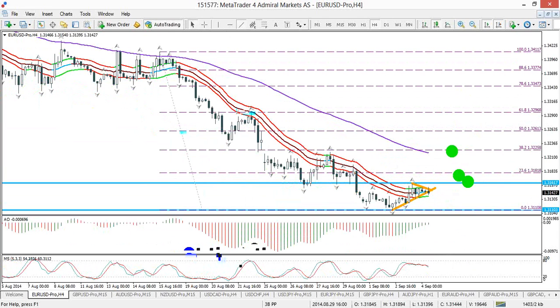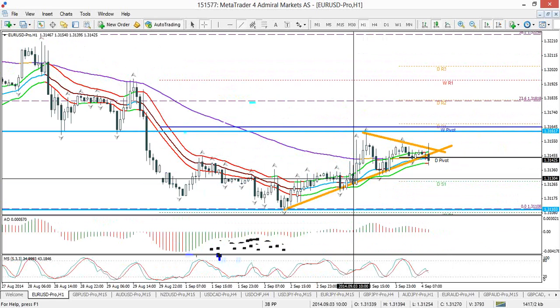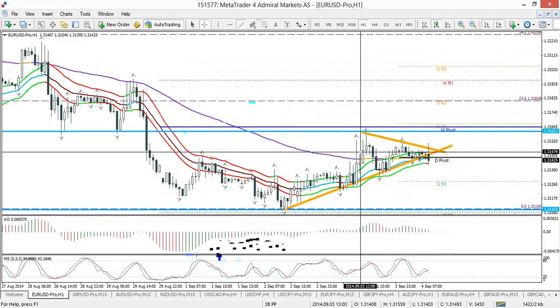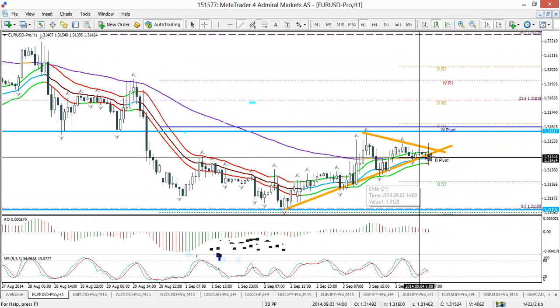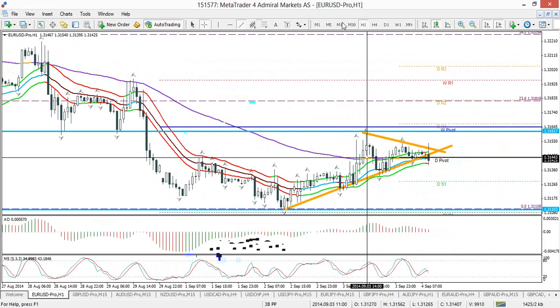Those were the two levels I was thinking about yesterday, but price didn't get there yesterday. Price just really didn't have enough muscle to push through. After our trading room, it did move up a bit, but didn't push up to that target I had in mind and built a triangle. So we'll have to see how today shapes up. It could be very flat as well today, so we have to be a bit cautious.